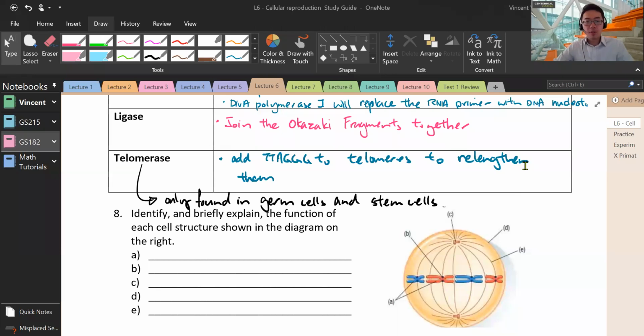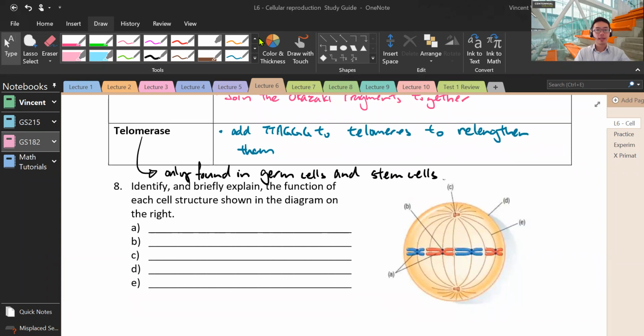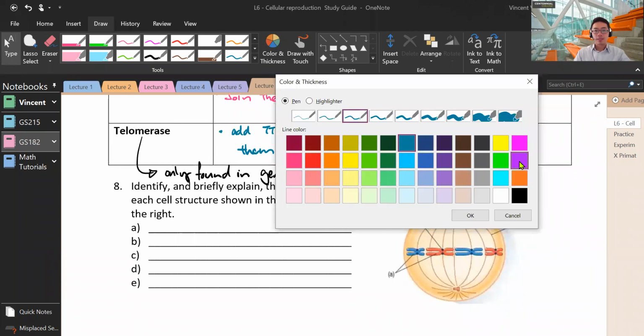All right, let's keep going. Question number 8. Identify and briefly explain the function of each cell structure shown in the diagram on the right. Okay.